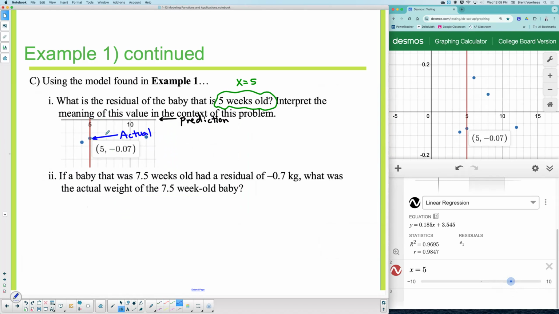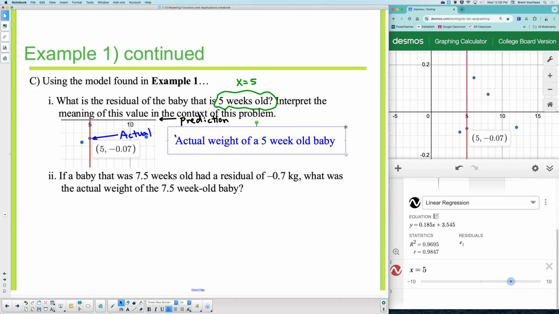Yeah, what this is meaning is that the actual weight, let me just type it in. What this means, here's the interpretation. The actual weight of a 5-week-old baby is 0.07 kilograms less than the predicted weight.